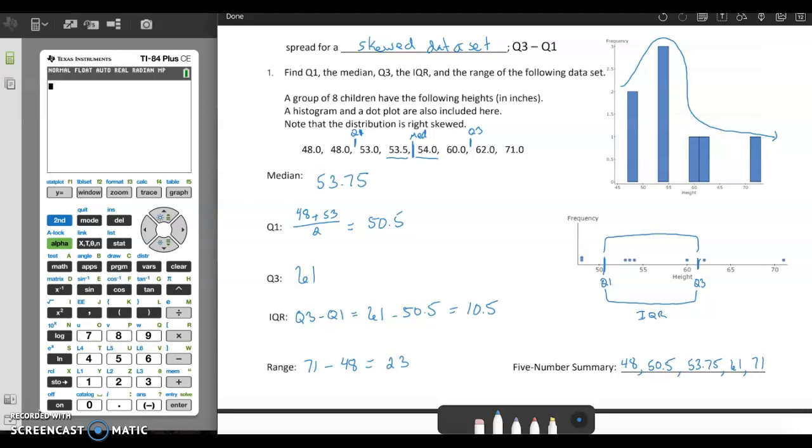There are 1, 2, 3, 4 data values inside that IQR, and there are 1, 2, 3, 4 data values outside of that IQR. So this IQR does in fact hold the middle 50% of the data.